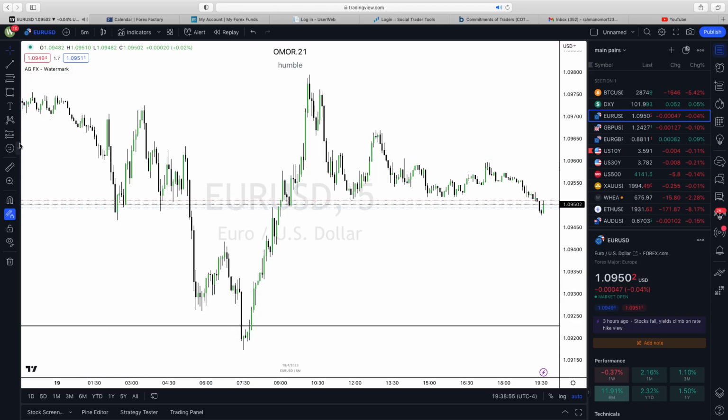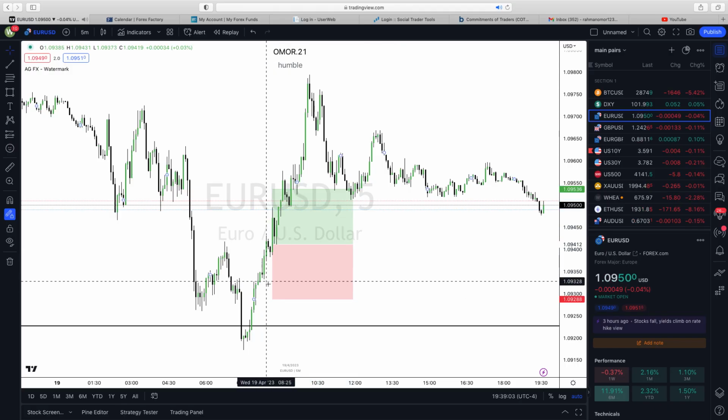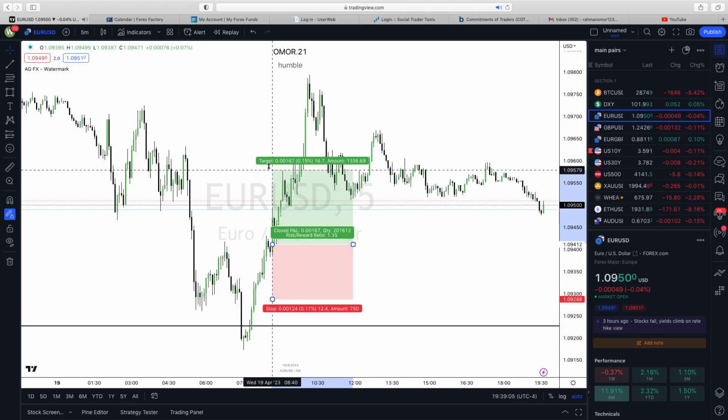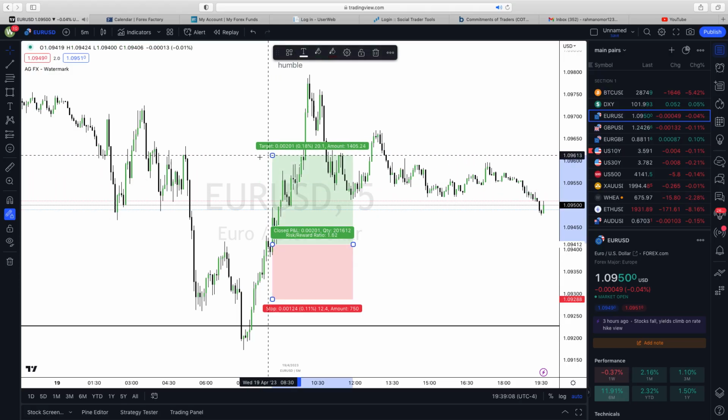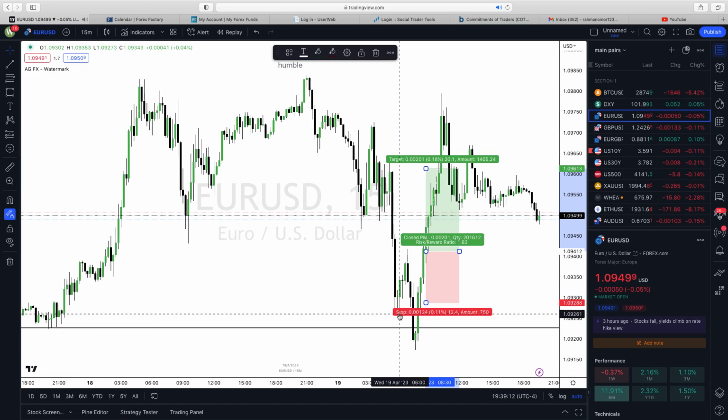For example, this was the trade setup here. TP at the rejection block above there, and we're going to touch on why the stop loss was here in a sec.